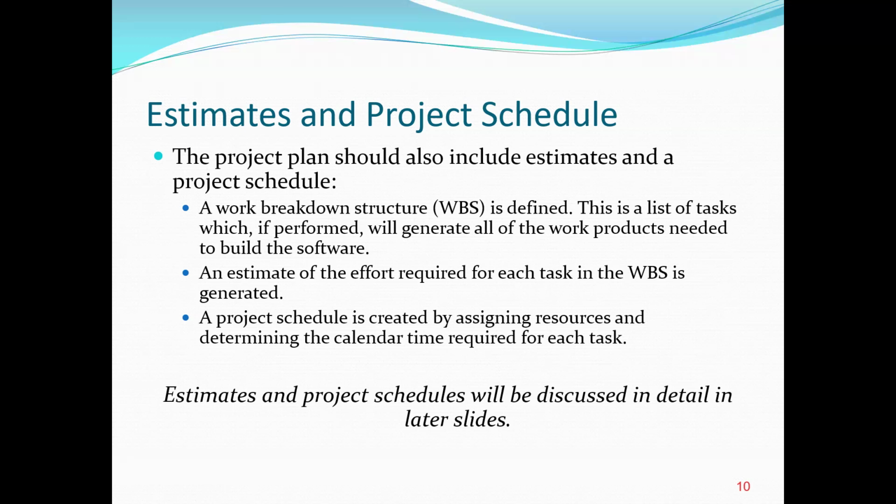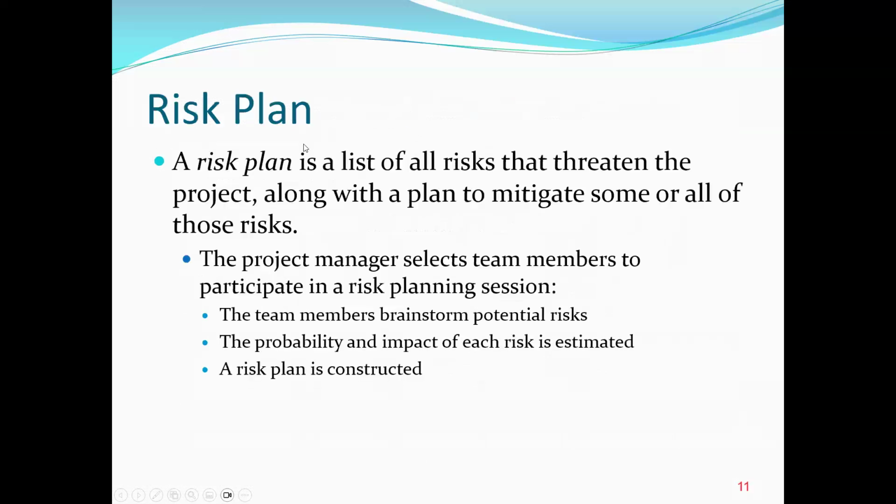Also, an estimate of effort required for each task in the WBS is generated. A project schedule is created by assigning resources and determining the calendar time required for each task. Estimate and project schedule will be discussed in detail in our later lectures.